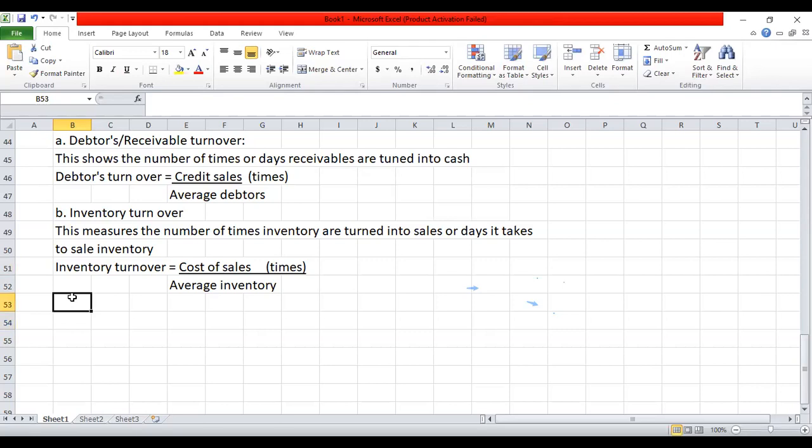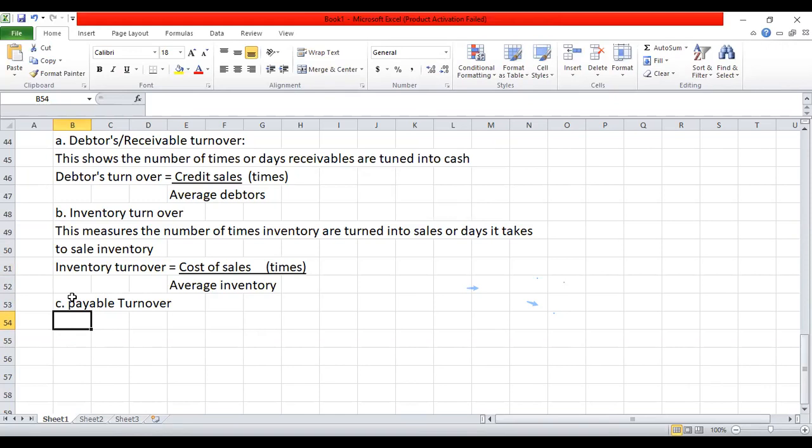Then number 3, we have what is called the payable turnover. With payable turnover, you are measuring the number of times payables or suppliers are paid. How long do you take to pay the suppliers, or how many times do you pay the suppliers in a given period?